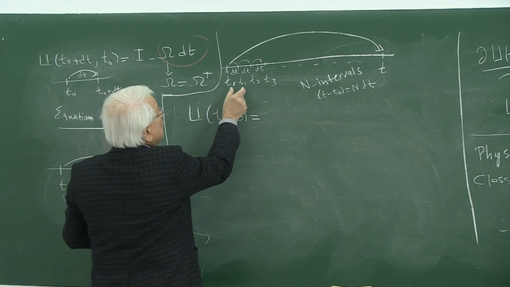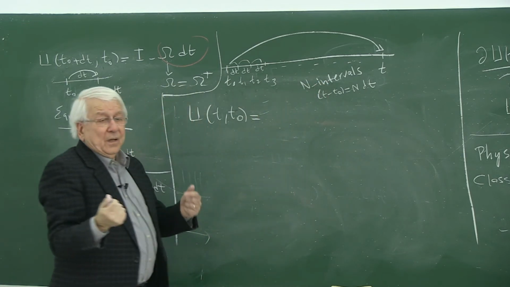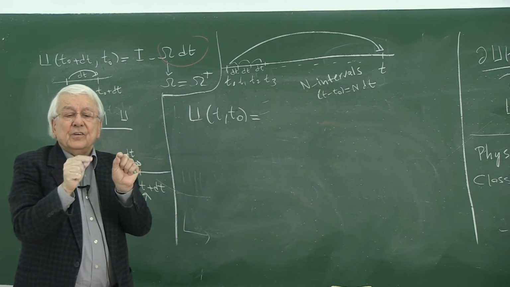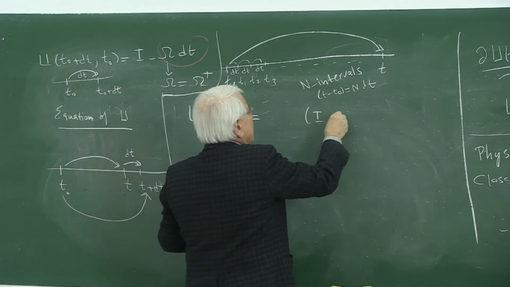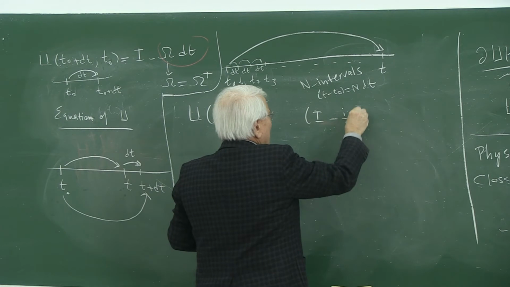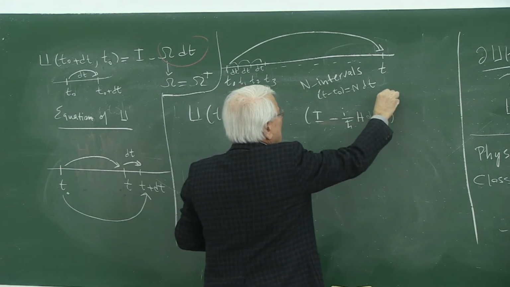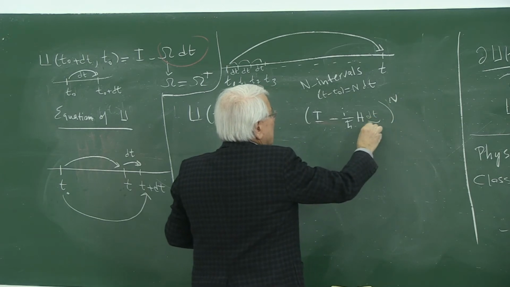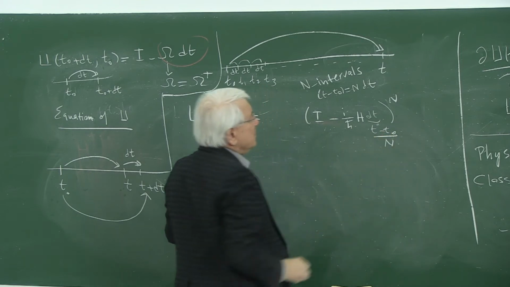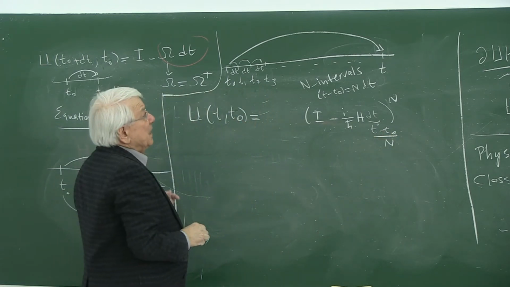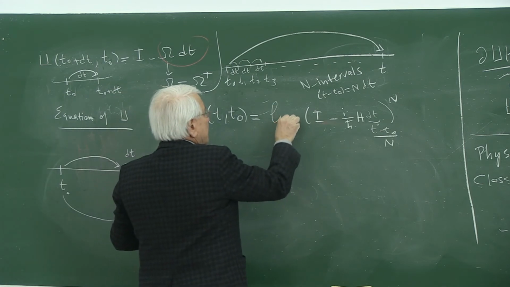And all these u infinitesimals are the same, independent of the endpoints, it is just the length. Therefore, n many dt's. Let me write dt as t minus t0 divided by n. And then let dt go to 0 and take the limit.